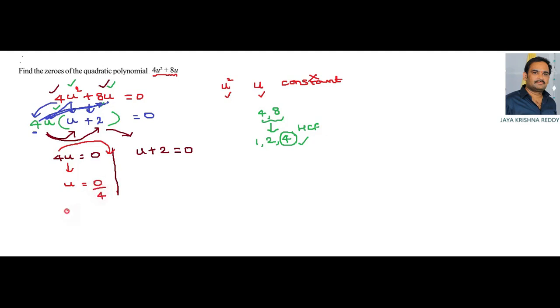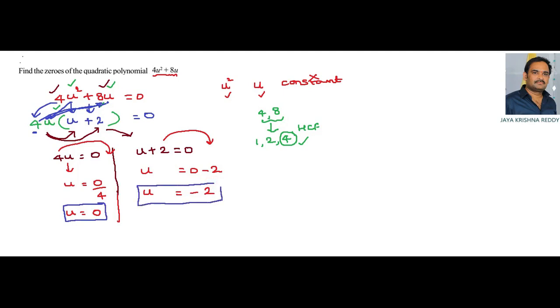So u equal to 0 by 4 means 0. In a fraction, if the numerator value is 0, the value will become 0, u equal to 0. So in the second equation, u plus 2 equal to 0, and by transporting plus 2 to the right hand side, it will become minus 2. So u equal to 0 minus 2 means it is minus 2. So u equal to 0 and u equal to minus 2.